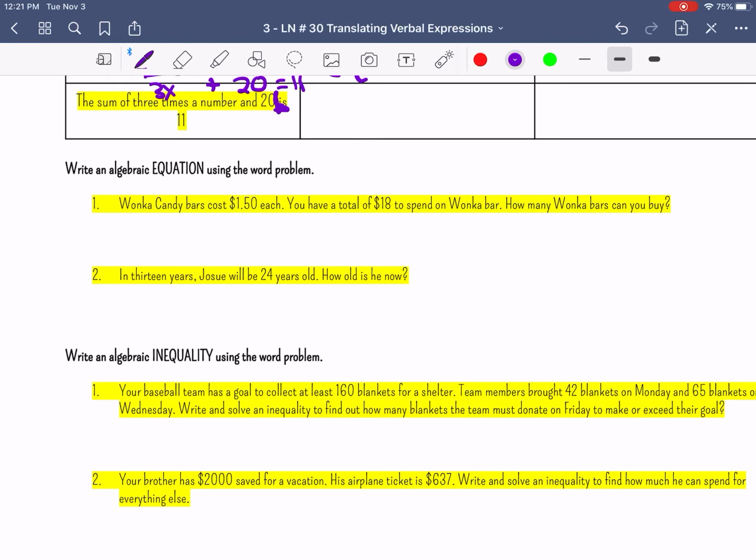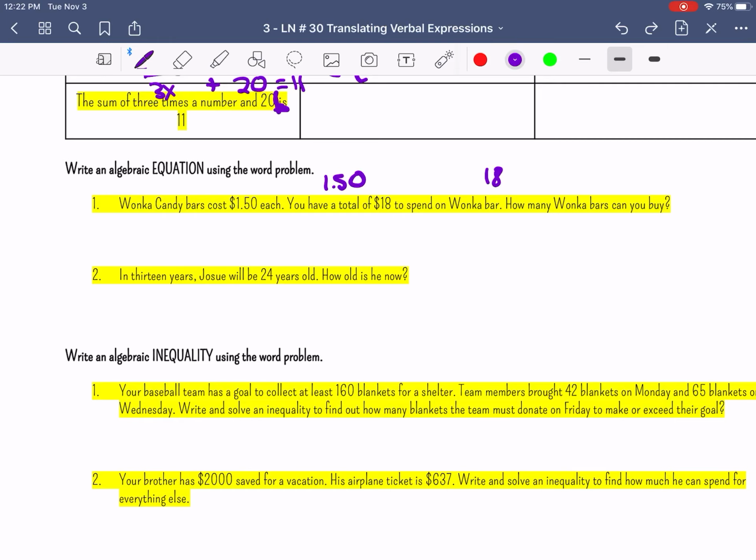So a Wonka bar costs $1.50 each. You have $18 to spend. So that's the most, that's all, the most you can spend. So you're going to spend $18.